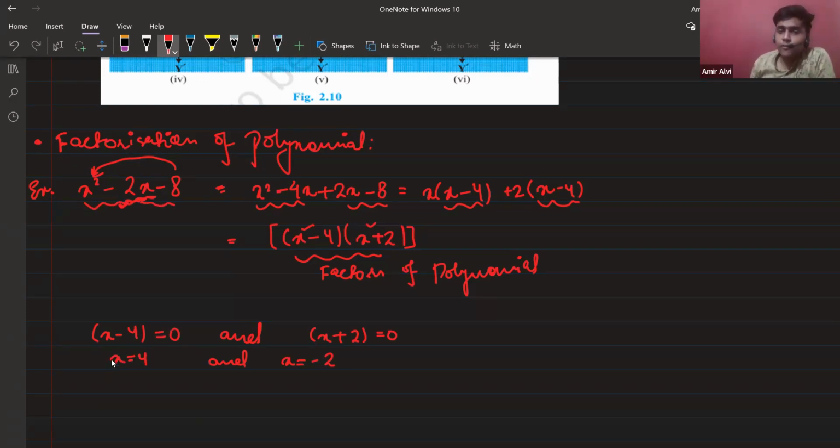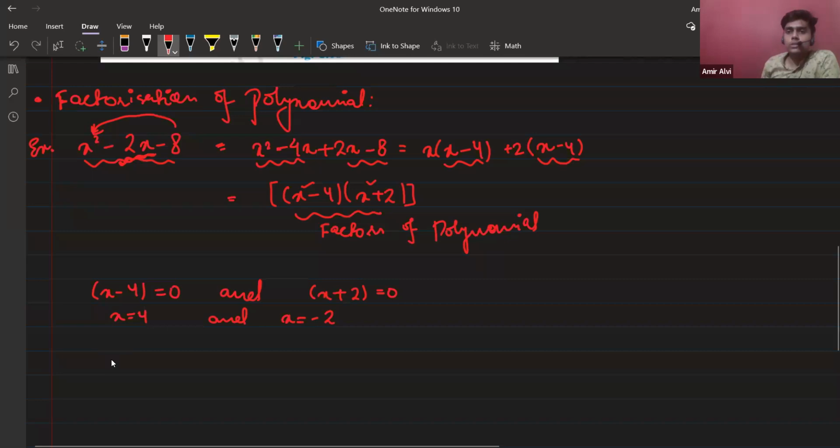Now, you can put this value in the expression and verify whether we have done the calculation correctly and taken the terms correctly or not. In the school exam, you must double check the question, at least verify them.